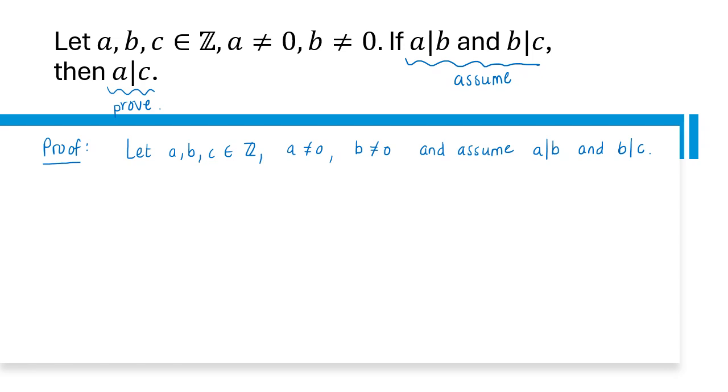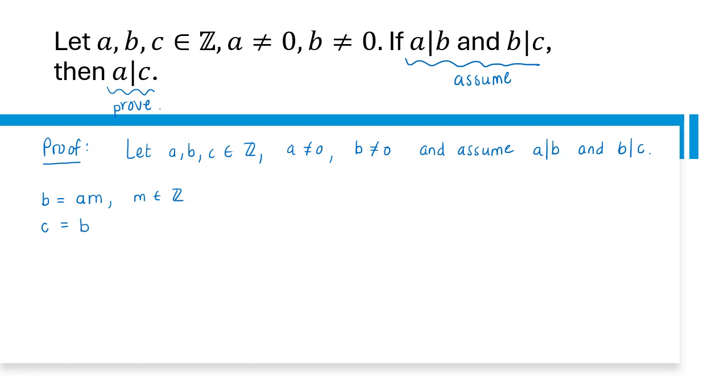If A is a divisor of B, we saw that we can write B as a product of two integers where A is one of them. So we can write B as a product A times M, where M is some integer. It simply means A is one of the factors of B. The second assumption, B is a divisor of C, means we can write C as a product, where B is one of the factors.